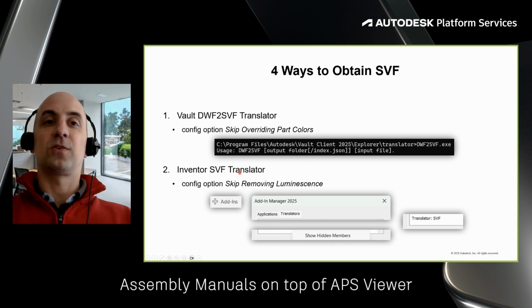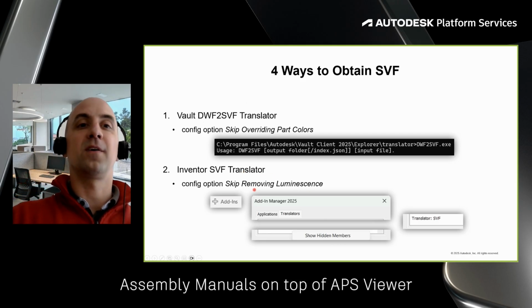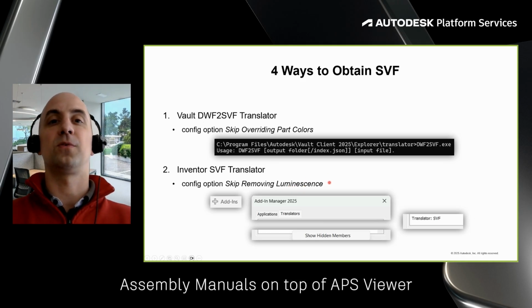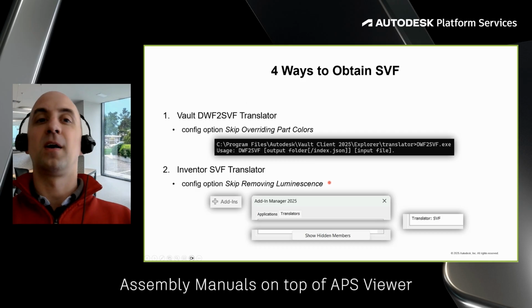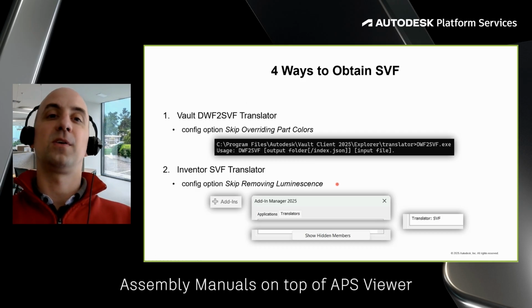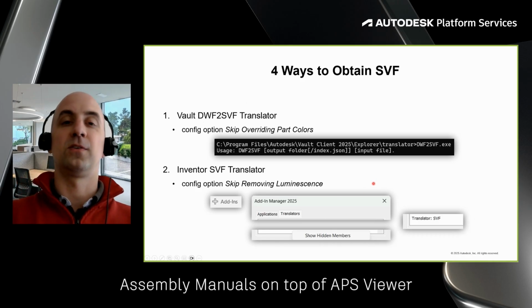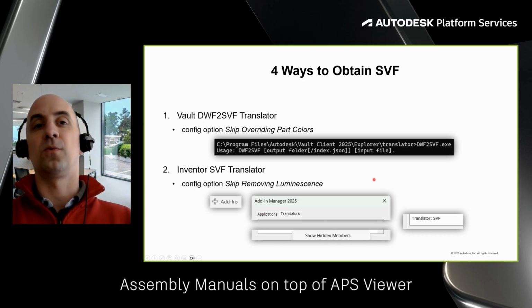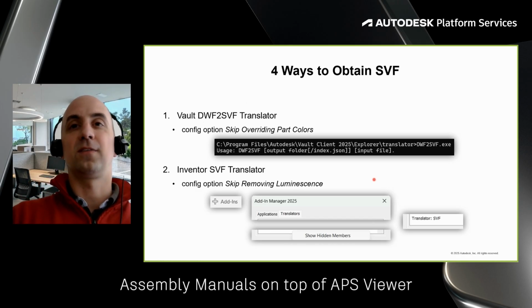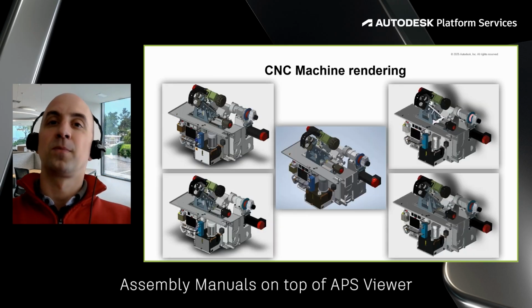As for the Inventor translator, we have an option there too called skip remove luminescence. That is whether we want to remove luminescence or not. I'm going to talk about luminescence later. Down here you can see a look into Inventor at where to find this translator, even though it's enabled by default.